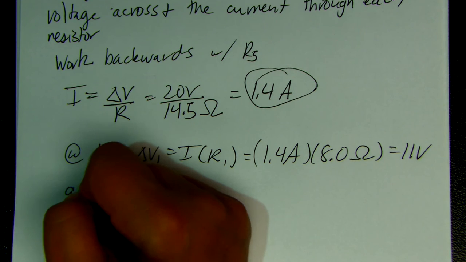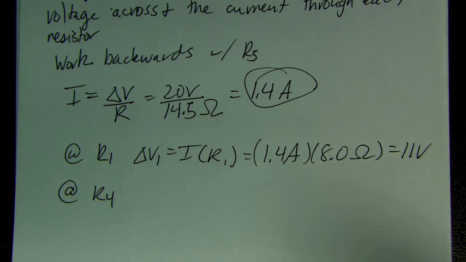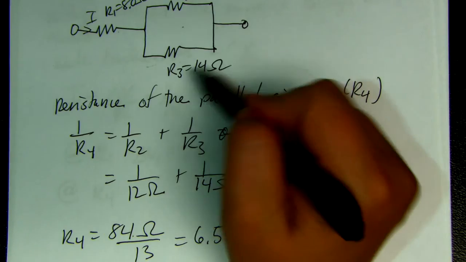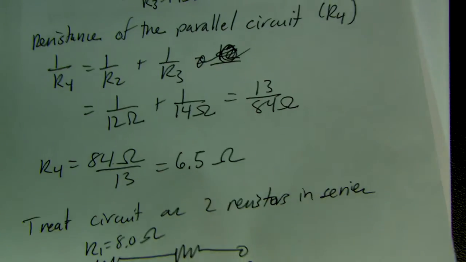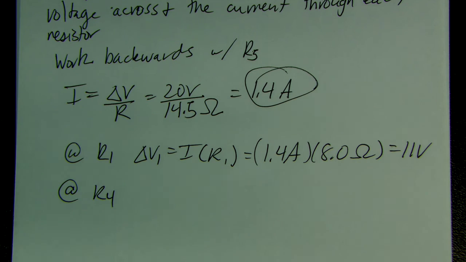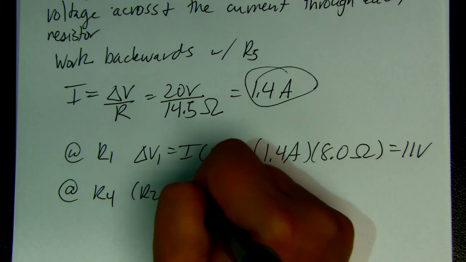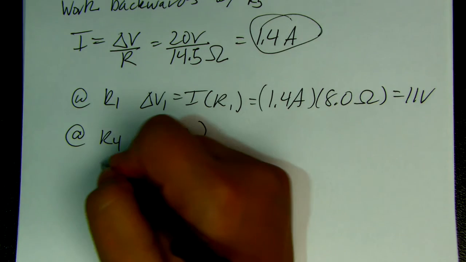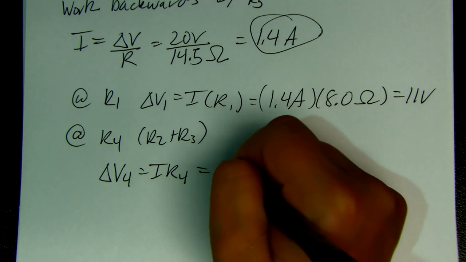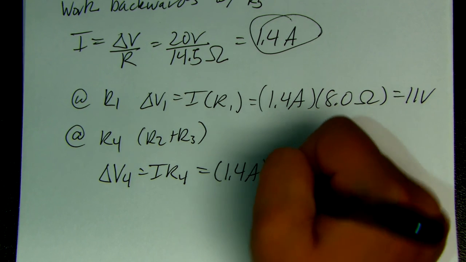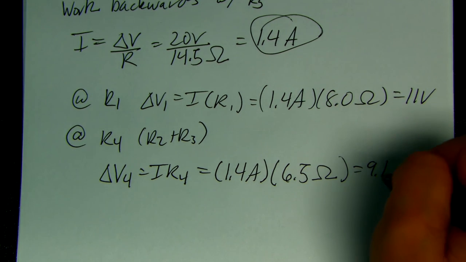And then at R4, that would be the resistor that is the combination of the two parallel resistors. And you have delta V4 is equal to I R4, which is equal to 1.4 amps times 6.5 ohms, which is equal to 9.1 volts.